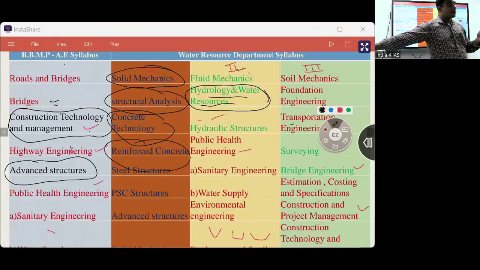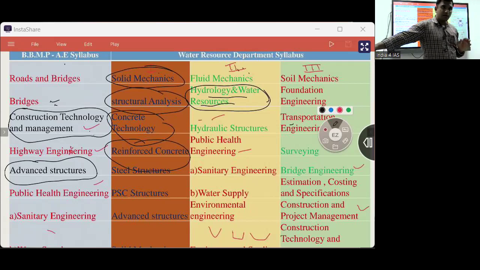Coming to the part of compaction. Compaction is again divided into laboratory as well as field. So laboratory compaction we will be doing with the what? Proctor method, standard Proctor and modified Proctor.